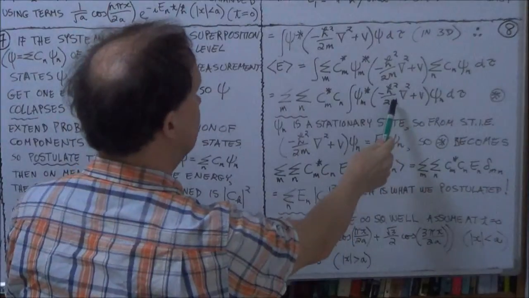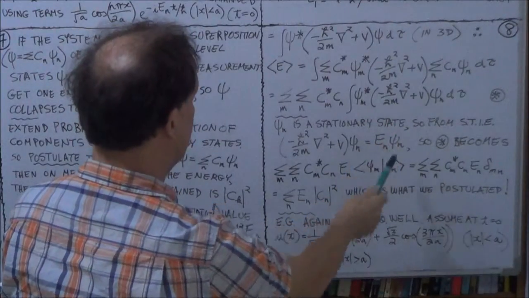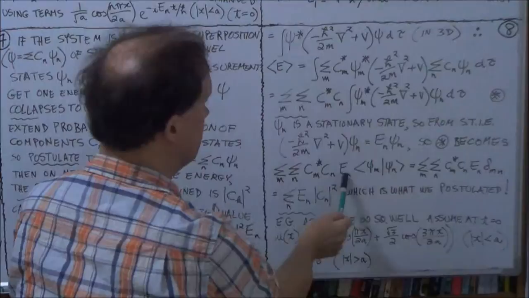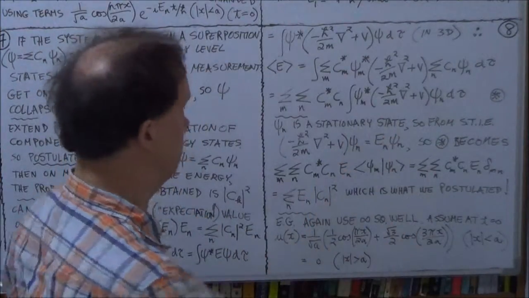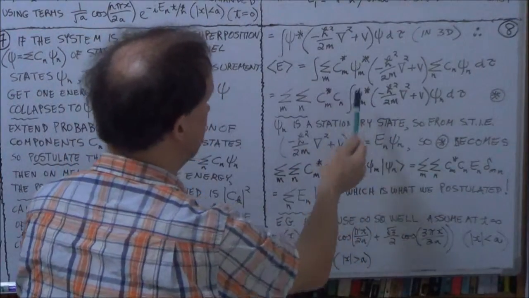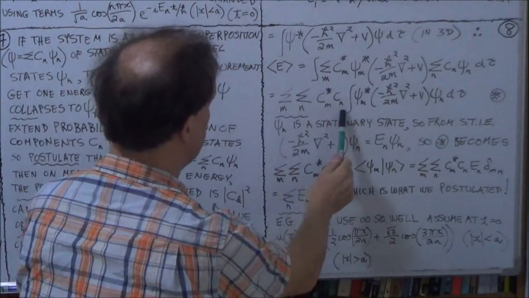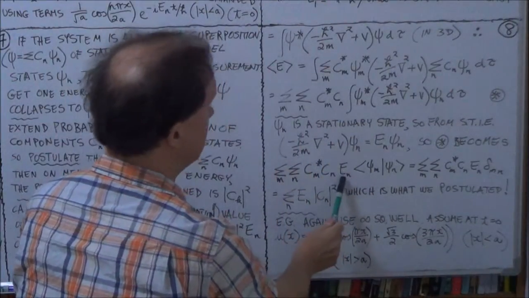So do that. Now the En, that's just energy. It's a scalar, so it's just a number. So it comes outside the integral. So you can rewrite this now as this. And here's your En.